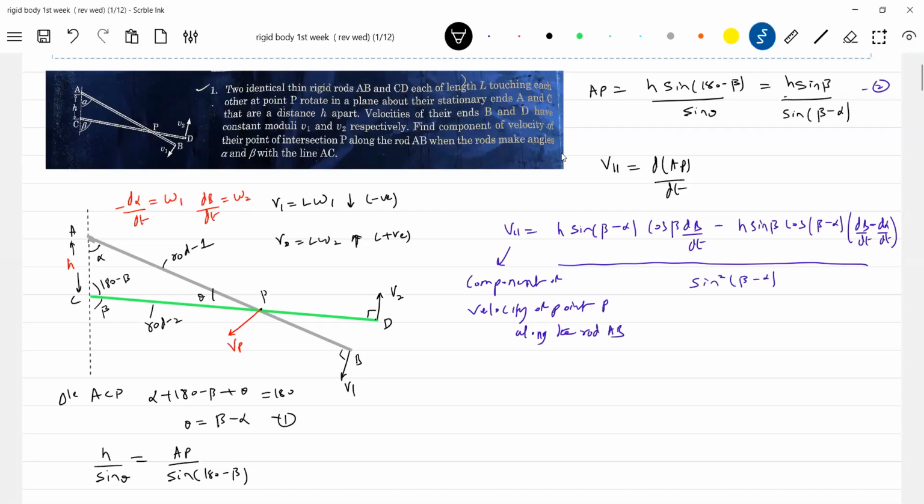So substituting these things, the value of V parallel, dβ/dt should be omega 2, as we assumed. Am I right? dβ/dt will be minus omega 1.